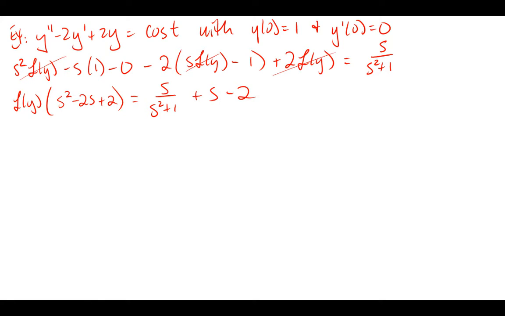Okay, so I'm going to point out one thing here, which is that in some algebra contexts, I would maybe want to actually put these together as one mega fraction. In other words, put this over s squared plus 1 and combine stuff. But unfortunately, if you do that, you're going to end up with an s cubed on top, and I don't really want the top to be bigger than the bottom in exponent.